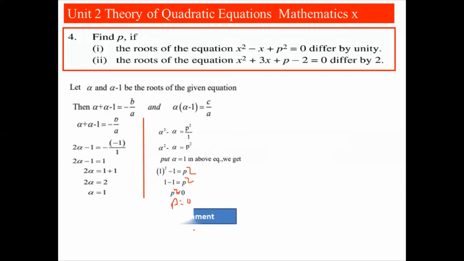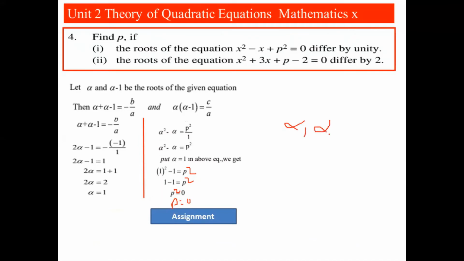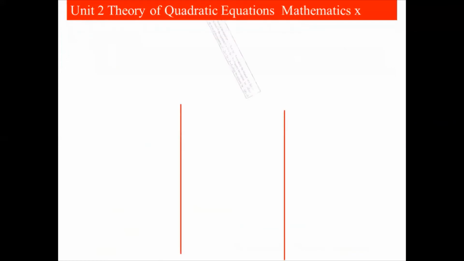The second part you have to take as an assignment. Here it is given that the roots of the equation differ by 2. So if one root is alpha, then the second root will be alpha minus 2. By using this you can find the value of p. This is your assignment. Question number 5.